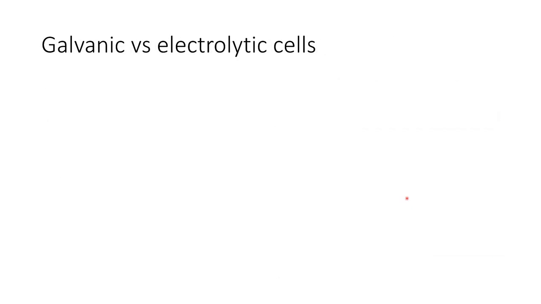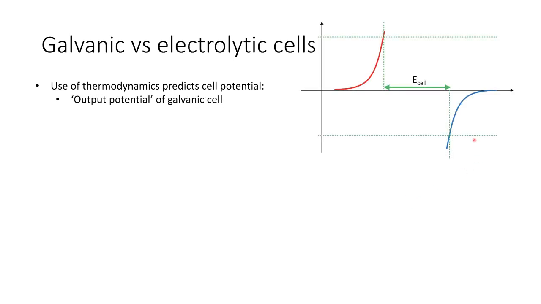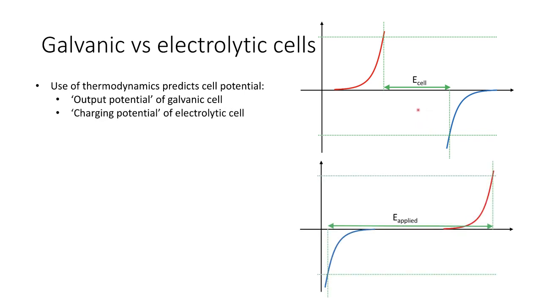When we compare the galvanic and electrolytic cells, we can always use thermodynamics to predict the cell potential. However, when we actually come to do measurements, we find that the output potential of a galvanic cell is considerably lower than that predicted by thermodynamics, while the charging potential of an electrolytic cell is considerably greater than that predicted by thermodynamics. No matter which cell we're looking at, the measured potential varies with current.